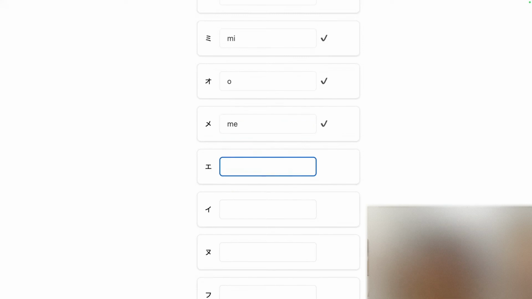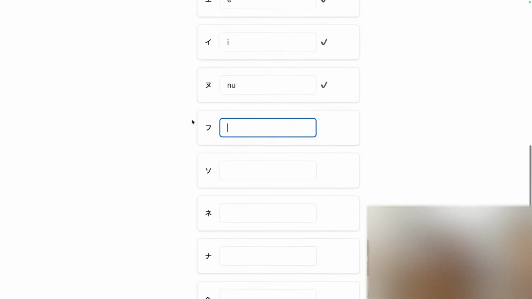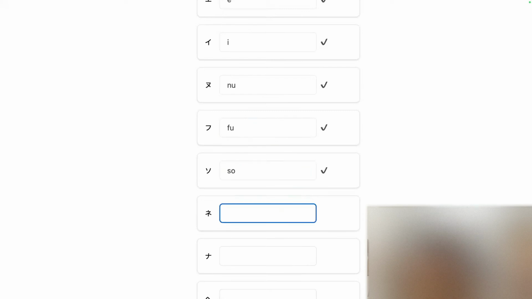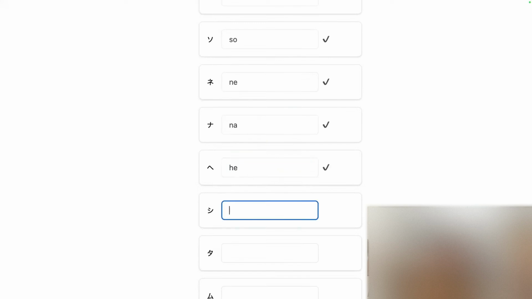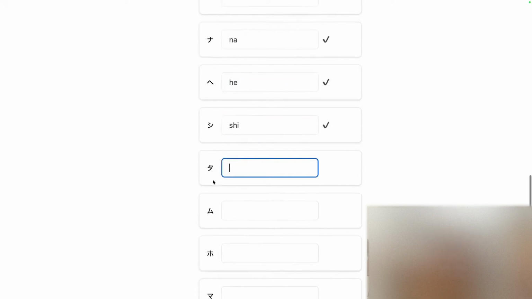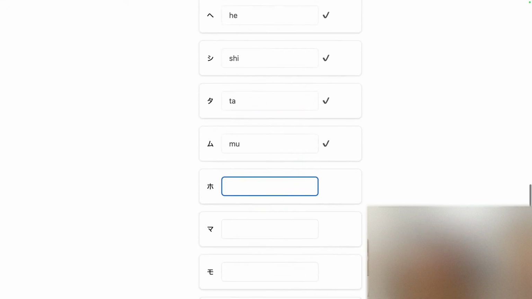Meeting of 2 lines. So that's actually nu. It's just what I thought the ma was previously. Fu, so, ne. Rocking chair, table, top. Mutation, mu, home, ho.